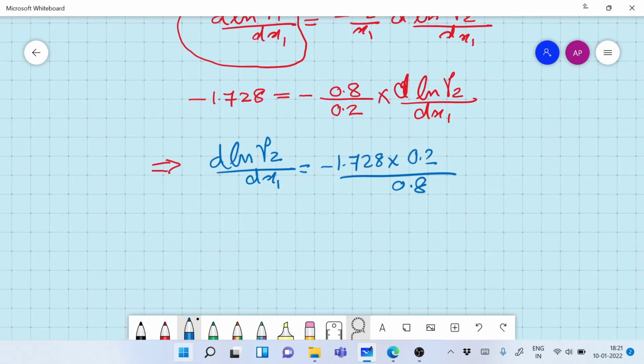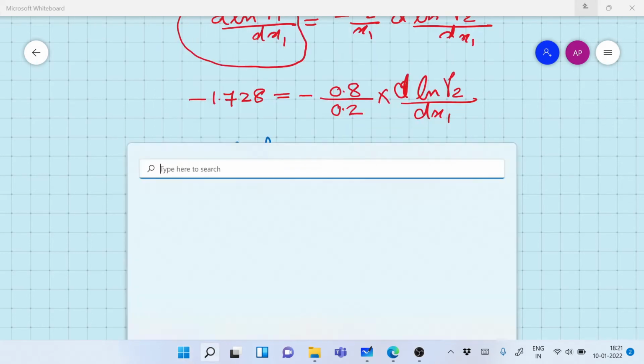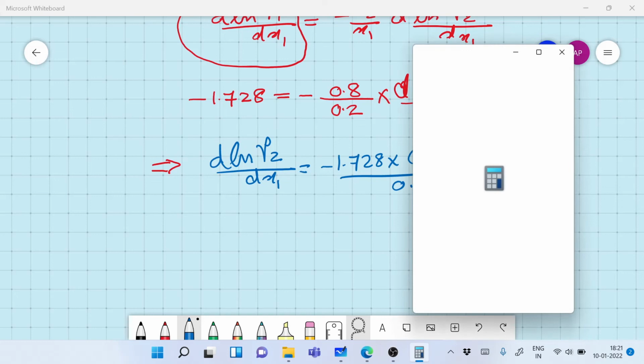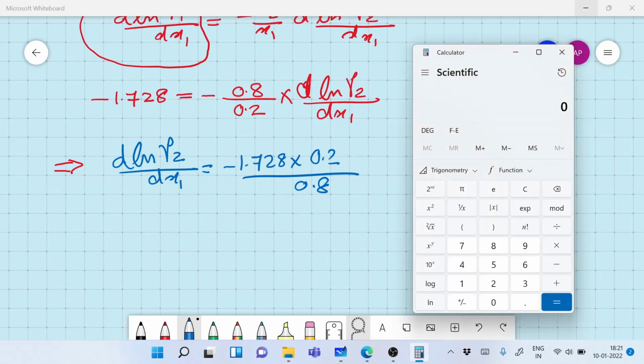Now let's calculate this out. So let's take the calculator. So there we are. The calculator is out and let us do the calculation. So this is minus 1.728, multiplied by 0.2, divided by 0.8.